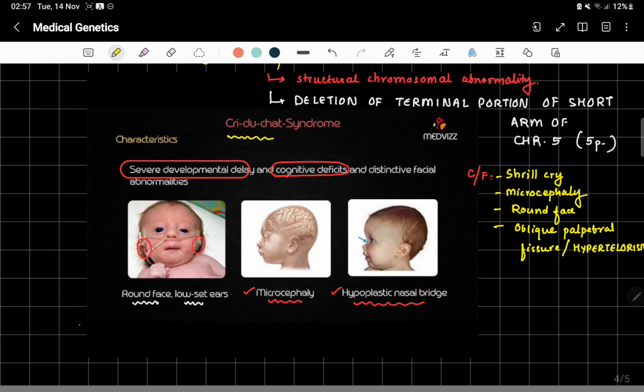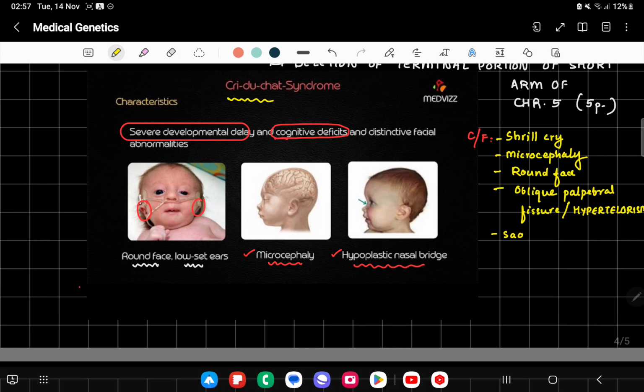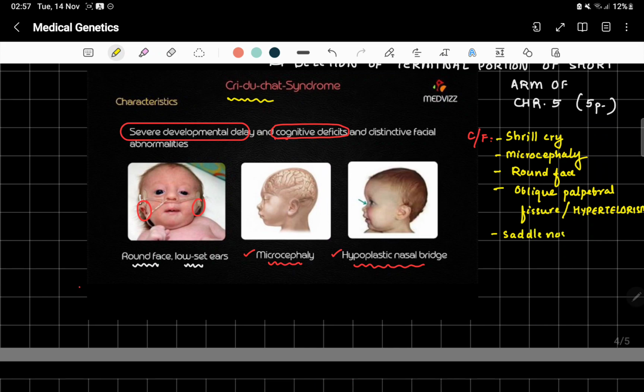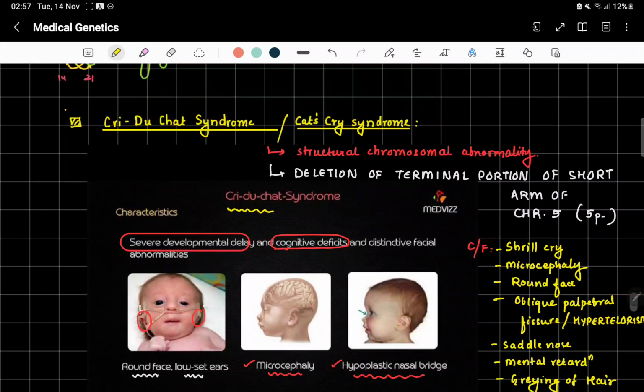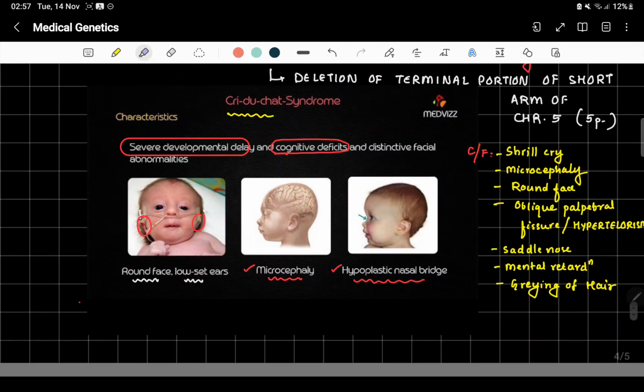Another thing is saddle shaped nose, saddle nose. Mental retardation. And graying of hair. So this is about Cri-du-Chat syndrome. If you get a short note on Cri-du-Chat syndrome, you can write well.